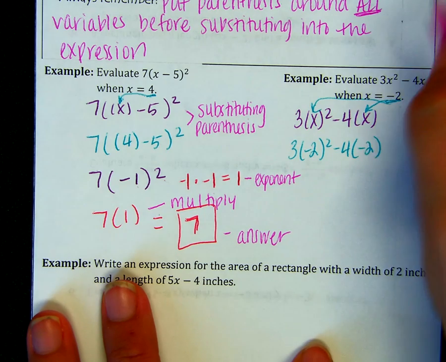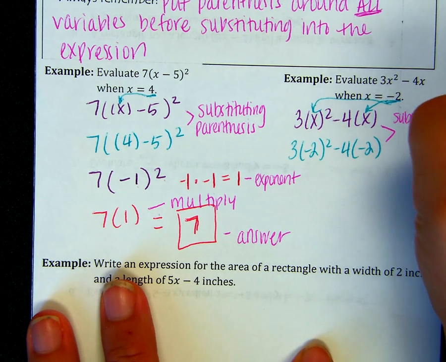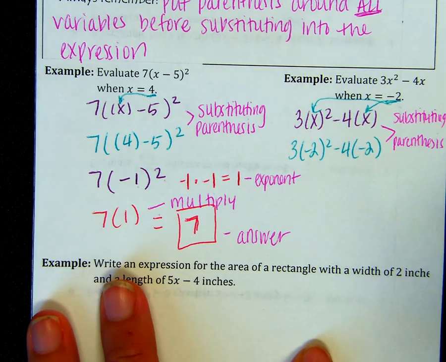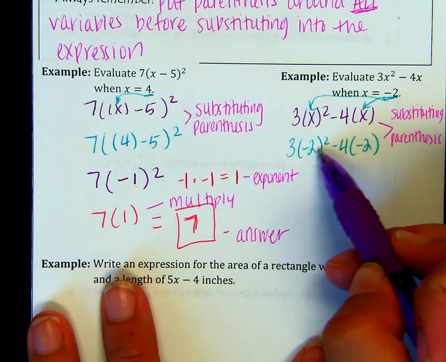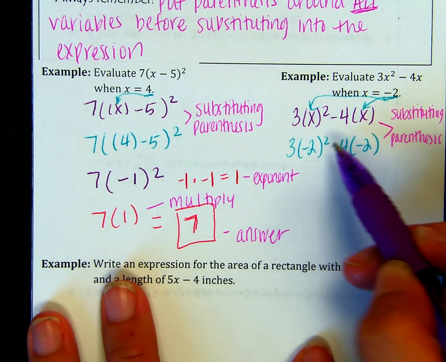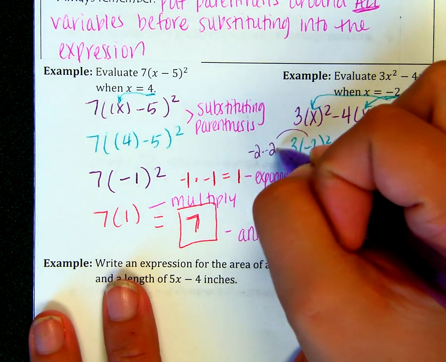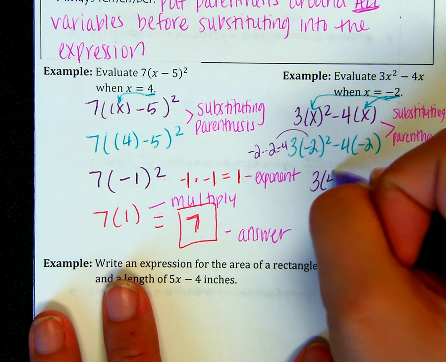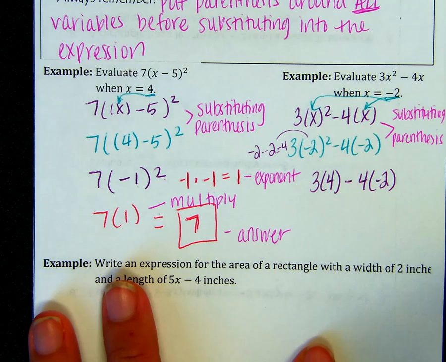So this right here is our substituting parentheses. Then we do our exponents. Do we have any exponents? We have an exponent right here. What is negative 2 squared? That is negative 2 times negative 2, which is a positive 4. So now you have 3 times 4 minus 4 times a negative 2.